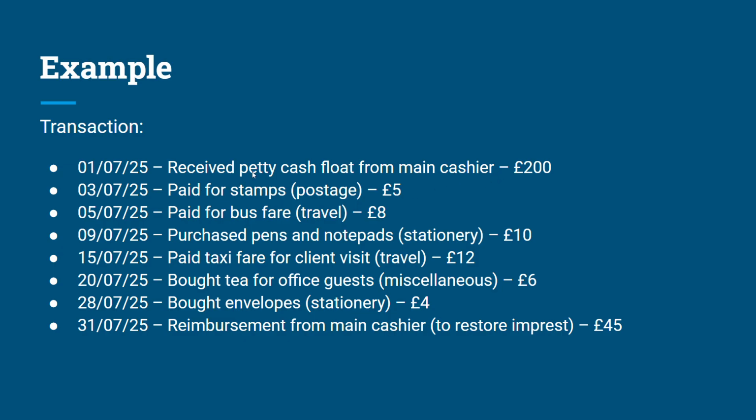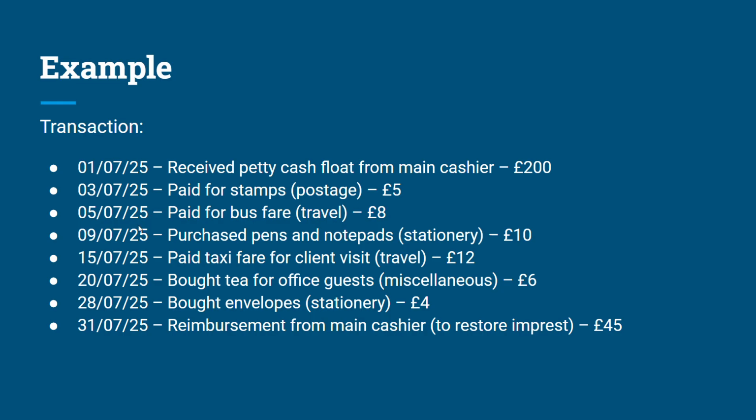We put that in our receipts, on the left hand side, with the date of the 1st of July 2025. On the 3rd of July 2025, we paid for stamps, so that will be postage, £5. You see how small the amount is. There is no point in putting it into the main accounts. That's why we put it into the petty cash.